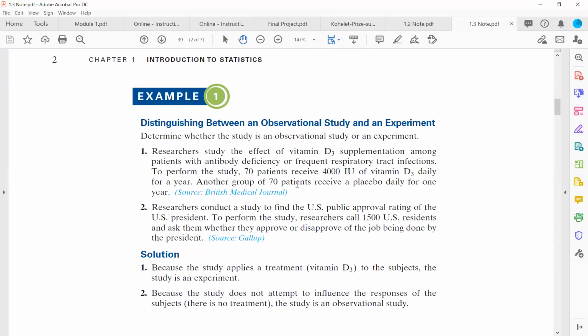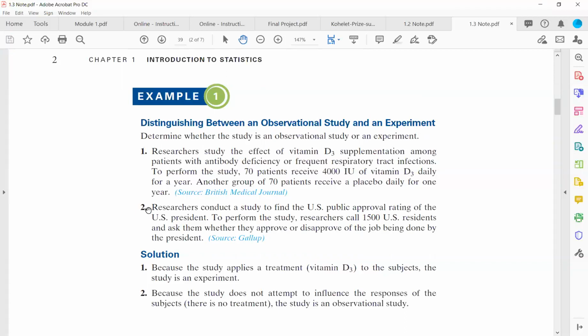Another group of 70 patients received a placebo daily for 1 year. Second one, researchers conduct a study to find the US public approval rating of the US president. To perform the study, researchers called 1,500 US residents and asked them whether they approve or disapprove of the job being done by the president.